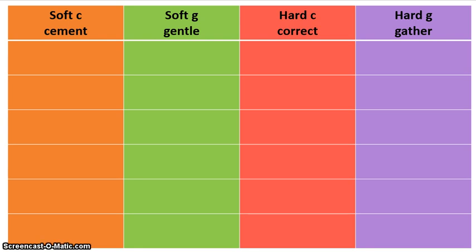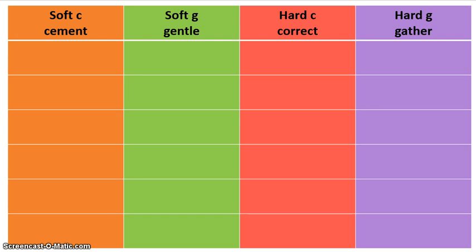When I say a hard C, that is a K sound, just like you would have with the letter K. All right, so that's the difference between a soft C and a hard C. Now, a soft G would be the J sound, whereas a hard G would be a G sound. I hope you can tell the difference between those. So that's what we're talking about when we say soft C, soft G, hard C, hard G. We're talking about the initial sound at the beginning of the word.